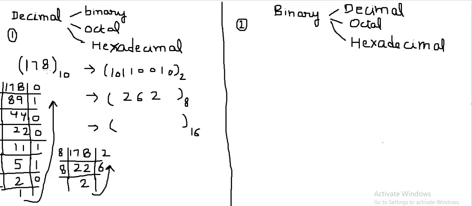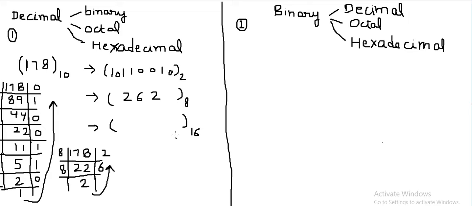If you don't know how many numbers there are in these number systems, you can watch my previous videos on number systems. So we are left with 2 here, and we have 262.